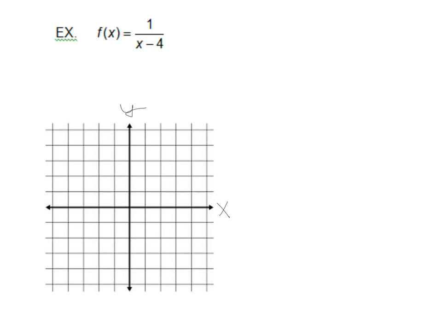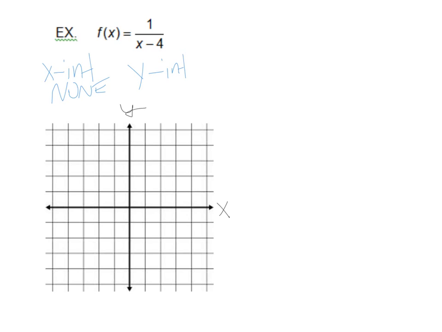So for the first one, we have 1 over x minus 4. So let's list all of our things that we need. The x-intercept, you set the top equal to 0. Well, setting 1 equal to 0 doesn't make any sense. So there's no x-intercept for this one.